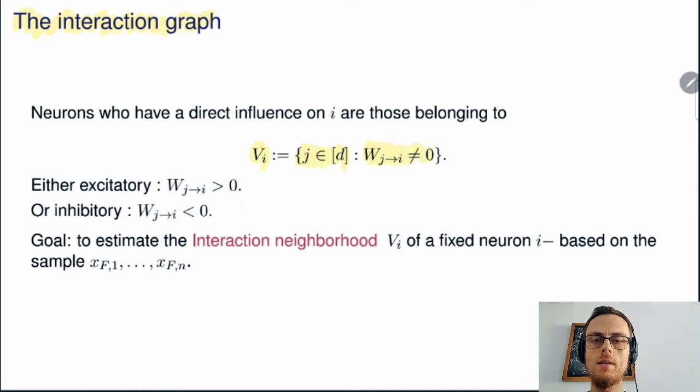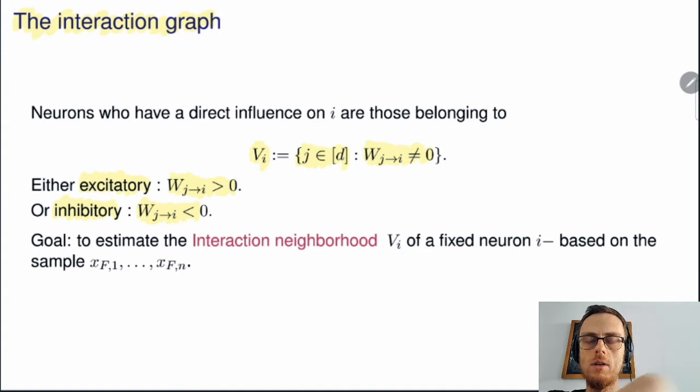And so this set is what we call the interaction neighborhood of the neuron i. Okay? Note that the neurons in the interaction neighborhood V_i can be either excitatory, in which case W_{j→i} is positive, or inhibitory, in which case the weight W_{j→i} is negative.